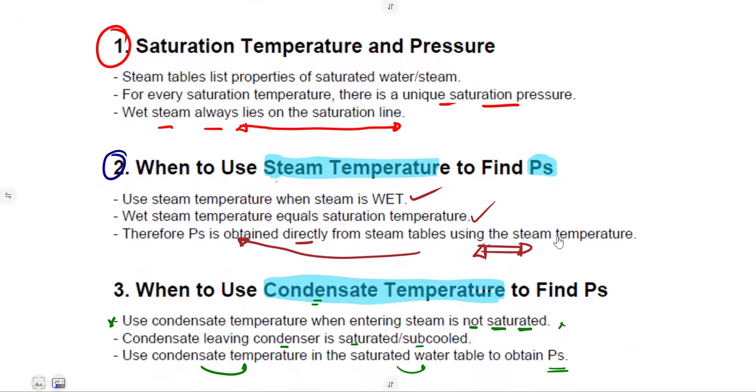The aspect or review of it is not clearly given to say exactly what they want you to use. There are so many things dealing with steam tables that we must learn.